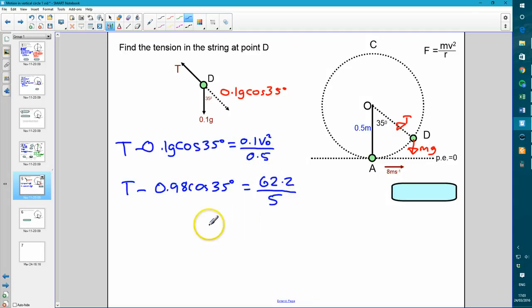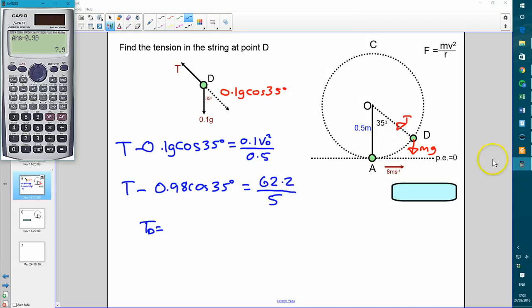Okay, so I can now work out my tension. It's going to be my tension at D, and that's going to be equal to, calculator, so we've got 62.2 divided by 5, and we're going to add on to that 0.98 cos 35.